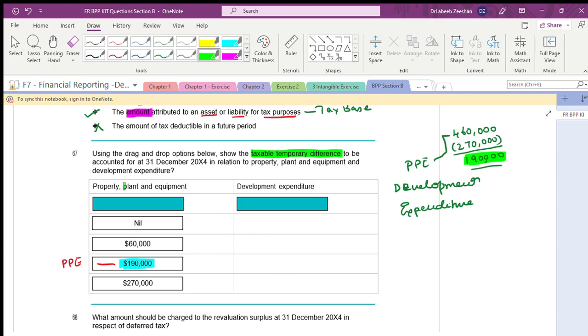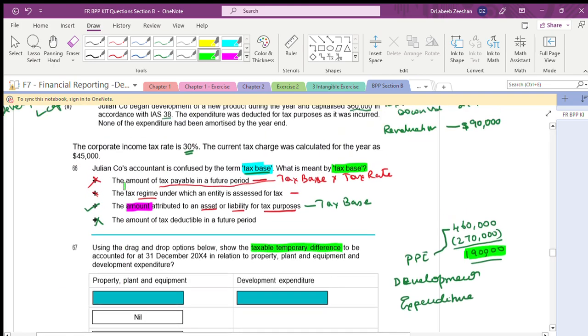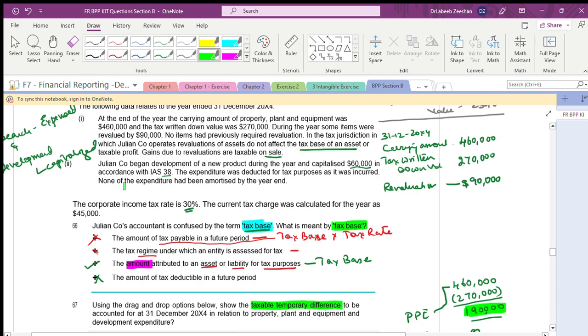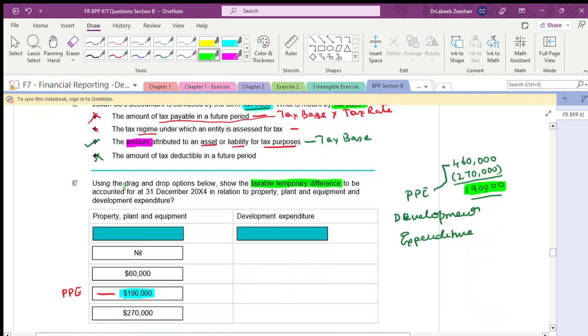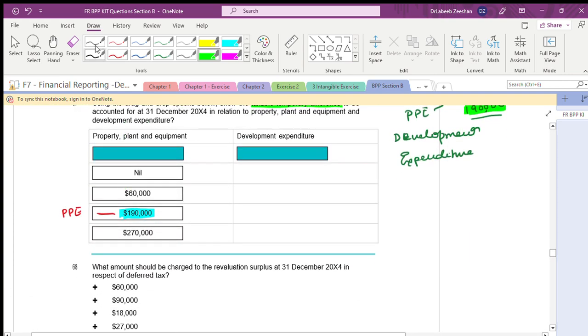Now, what is the development expenditure they have mentioned? They have mentioned development capitalized. How much is the development expenditure? 60,000. Development expenditure capitalized is how much? 60,000. Okay.